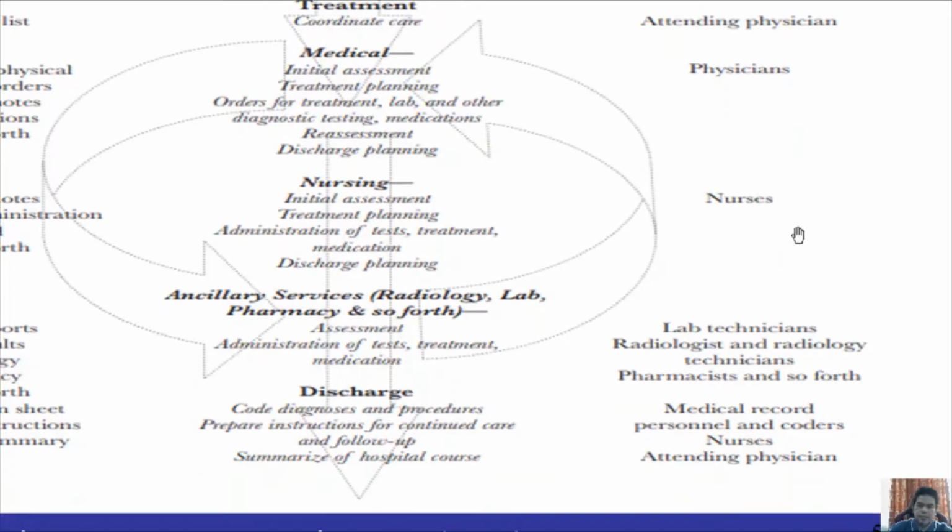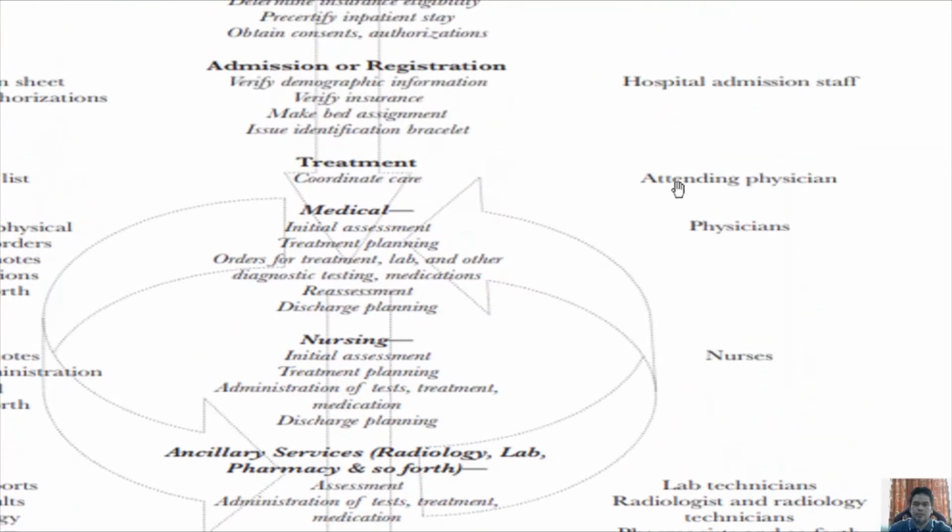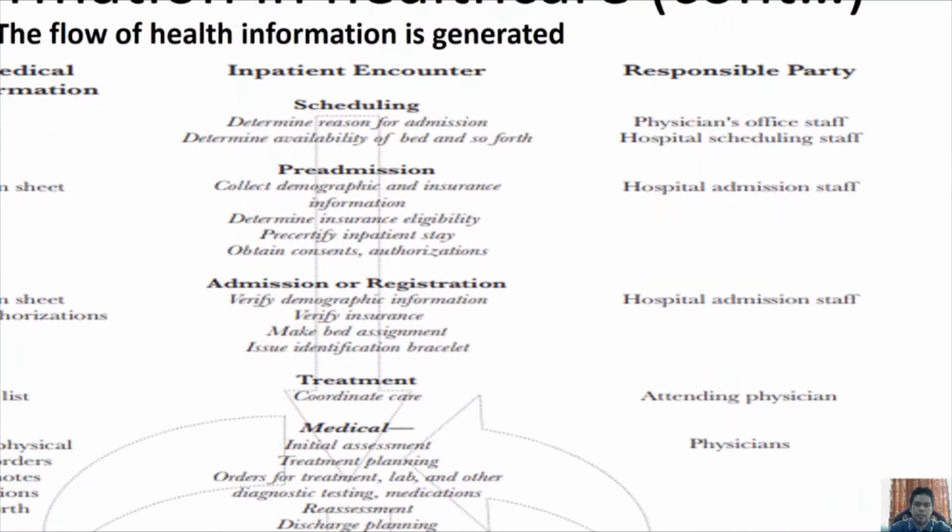And when the order is sent to radiology or lab or pharmacy, the parties involved are the lab technician, radiologist, pharmacist, and so forth. If the order goes to the dietary department, then the dietitian and chef are involved in this process. So you can see that there are a lot of parties, a lot of people involved in one healthcare organization.